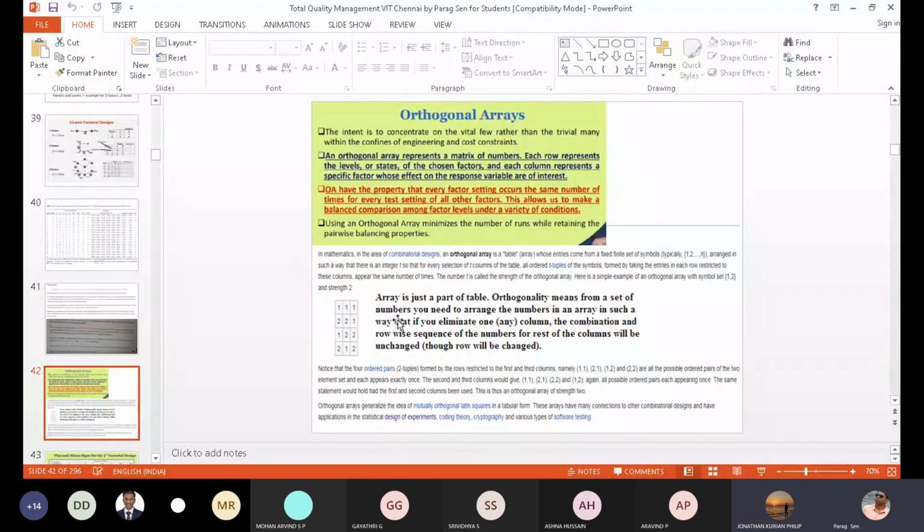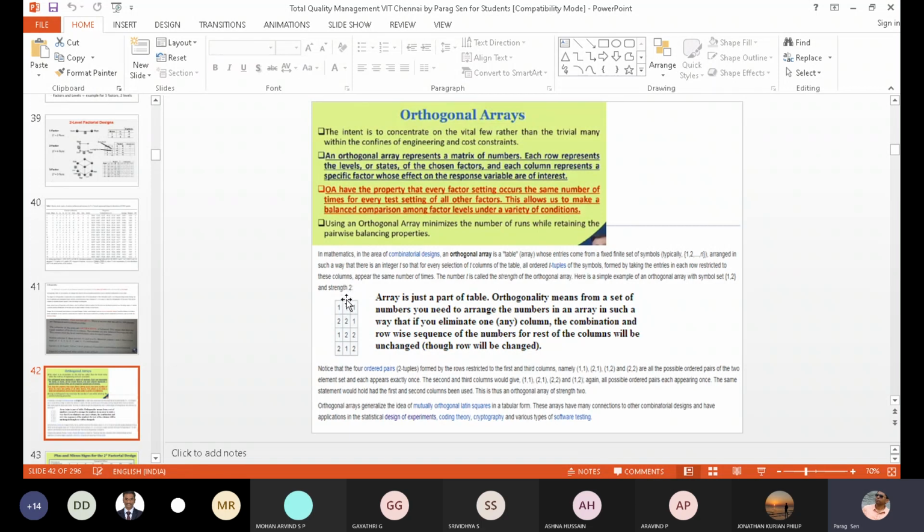You can see this orthogonal array shown here. Suppose the first column has 1 1 2 2, and the rows are the sequences 1 1 1, 1 2 2, and so on. So all the combinations you are finding here.